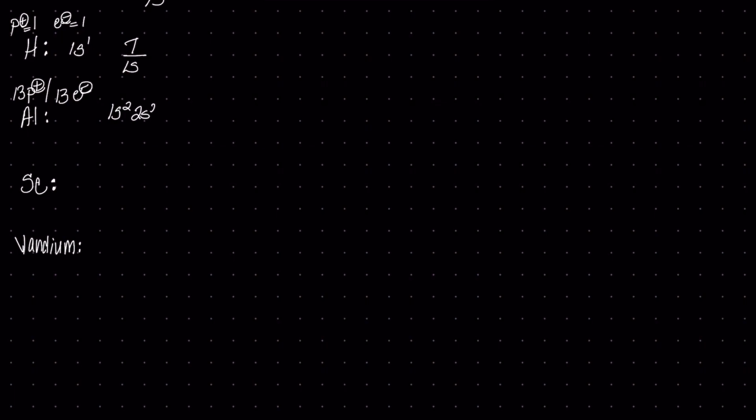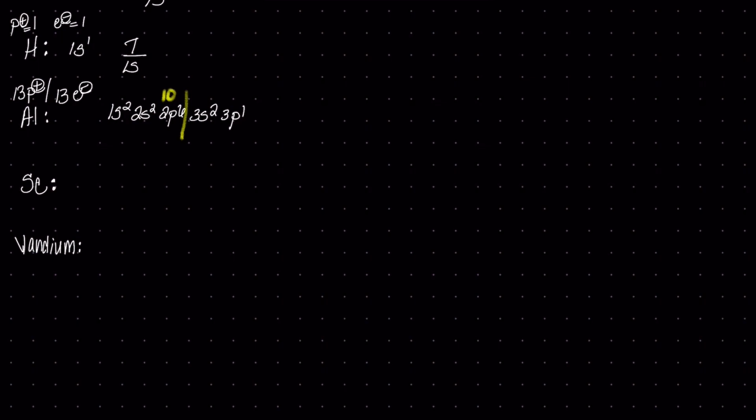Then I come to 2s2, then swing back around, I hit 2p6. Come back around, I hit 3s2. Then I get 3p1. Because 2 plus 2 is 4, 4 plus 6 is 10, 10 plus 2 is 12, plus this extra 1 makes 13 electrons.